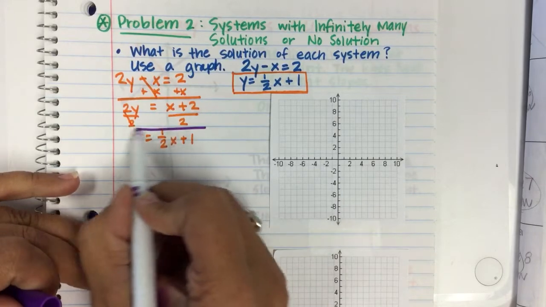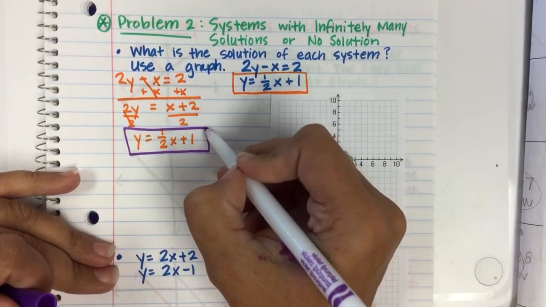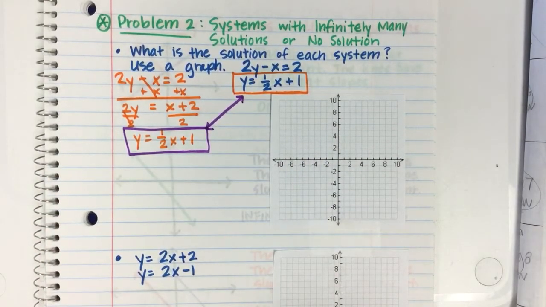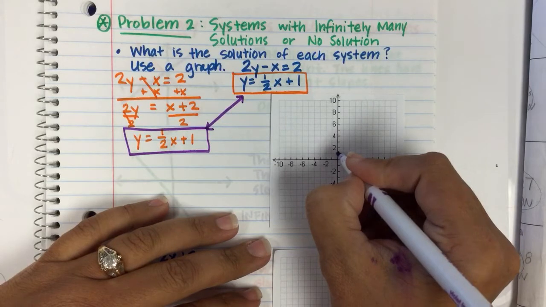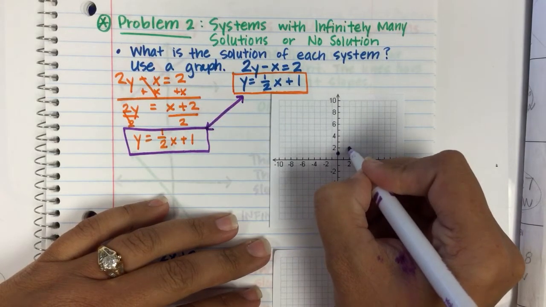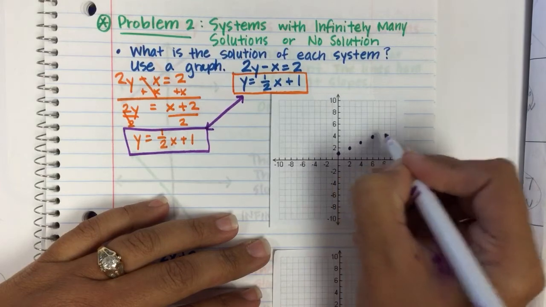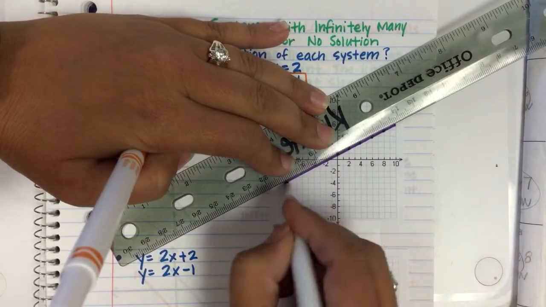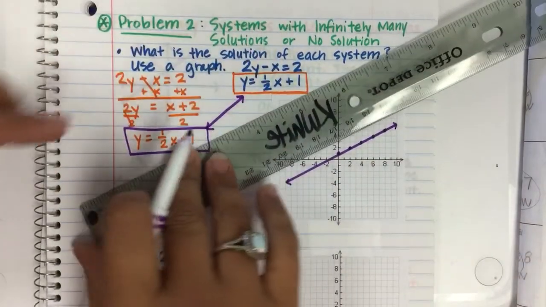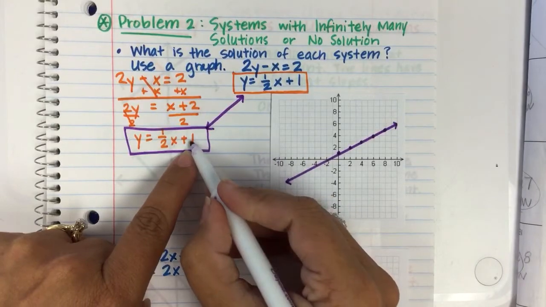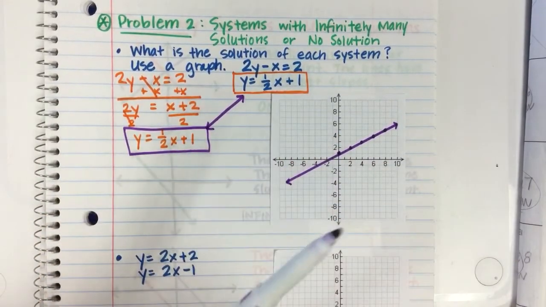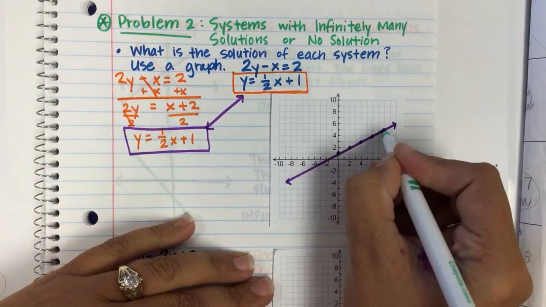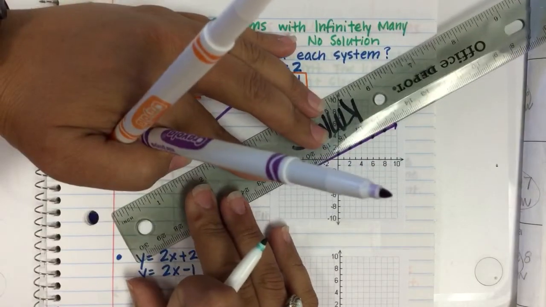Well, I automatically see when I get them both solved for y that they're the same line. So when I graph that, y-intercept is 1, slope is 1 over 2, up 1 over 2. All right, so if I graph this one with a y-intercept of 1 and a slope of 1/2, and I graph this one with a y-intercept of 1 and a slope of 1/2, I'm going to get exactly the same line.